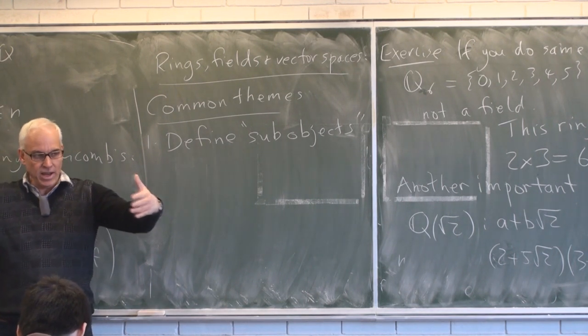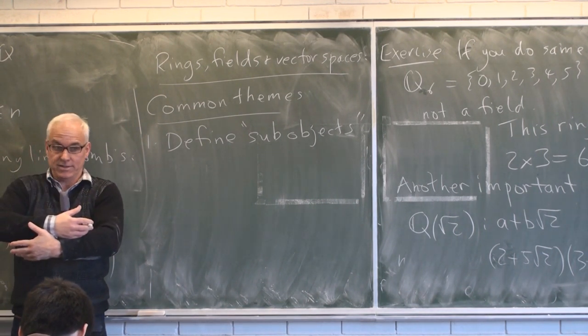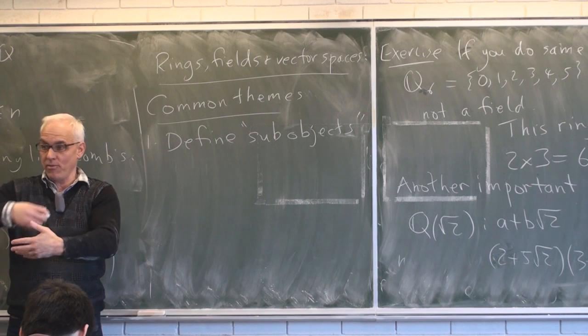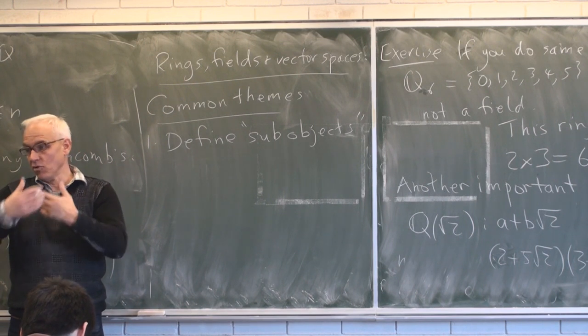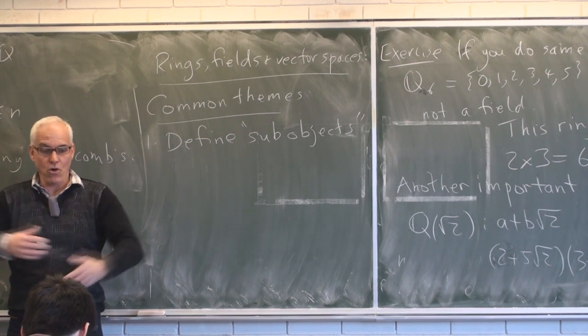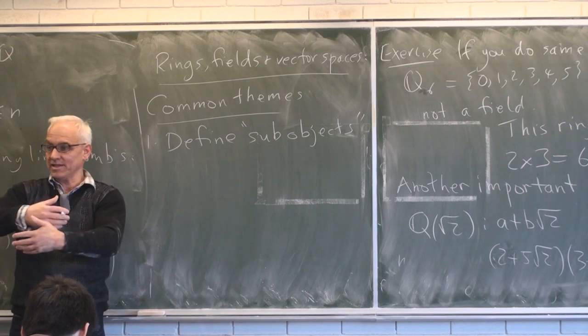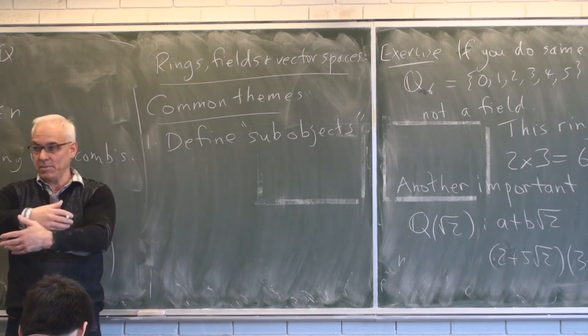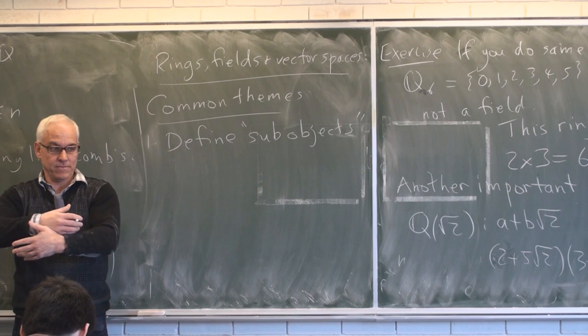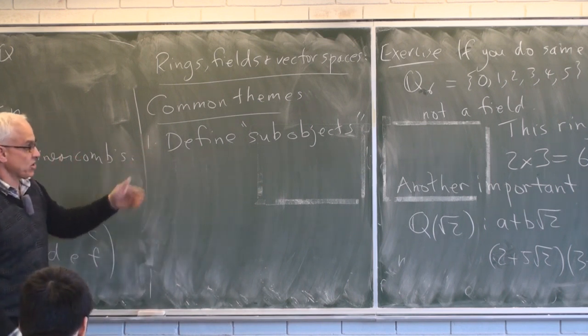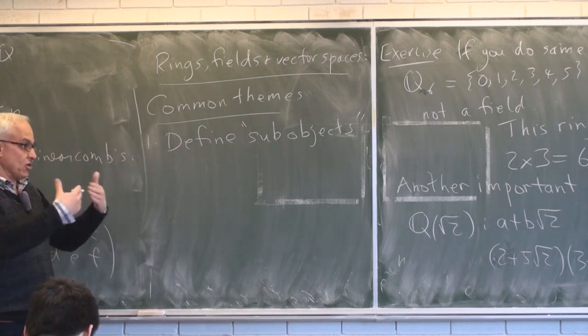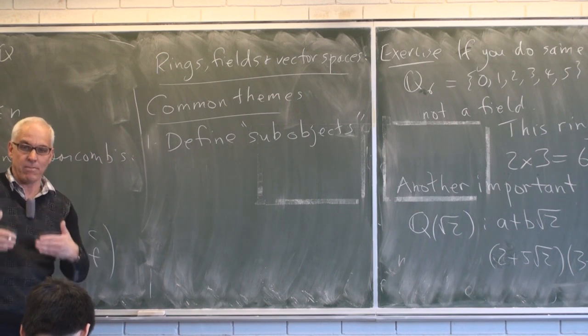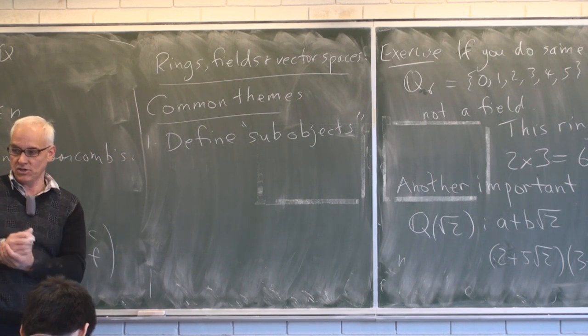That is, inside the ring, there might be some smaller rings that are themselves closed under the operations and satisfy the rules for being a ring. Or if you have a field, inside it there might be a subfield. Or if you have a vector space, inside it there might be some smaller subspaces. So that's a very important question, and a very important thing to do is to define what you mean by the sub-objects of whatever algebraic object you're dealing with.